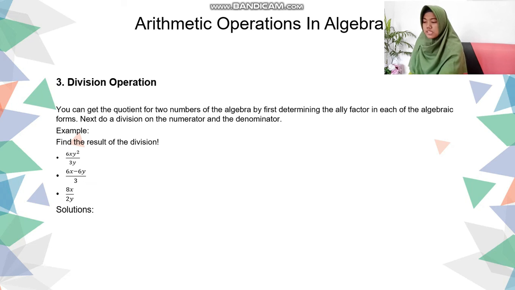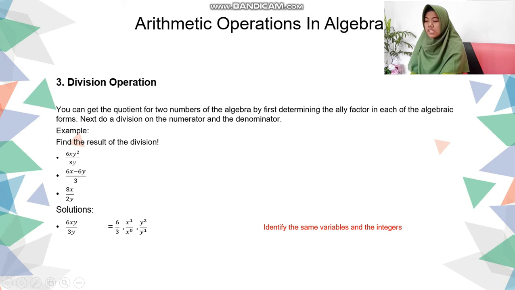The solutions are: 6xy squared all divided by 3y. We identify the same variables and the integers, so it is equal to 6 divided by 3 times x to the power of 1 divided by x to the power of 0 times y squared divided by y to the power of 1.